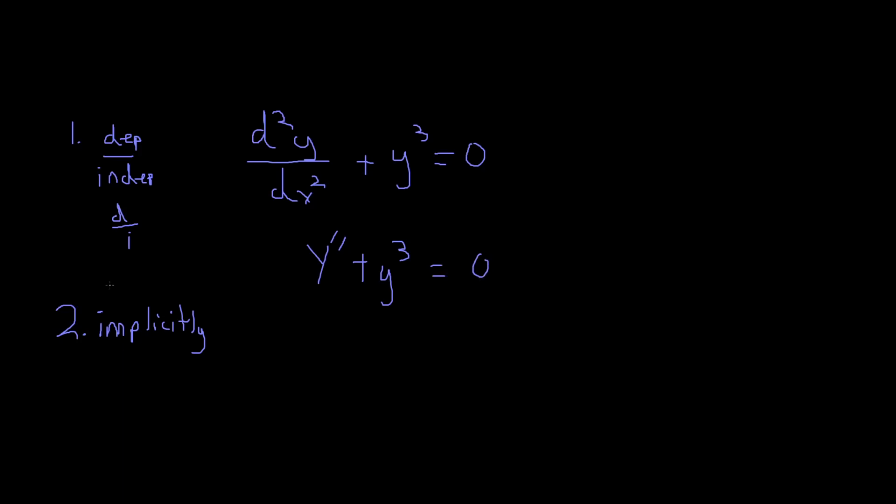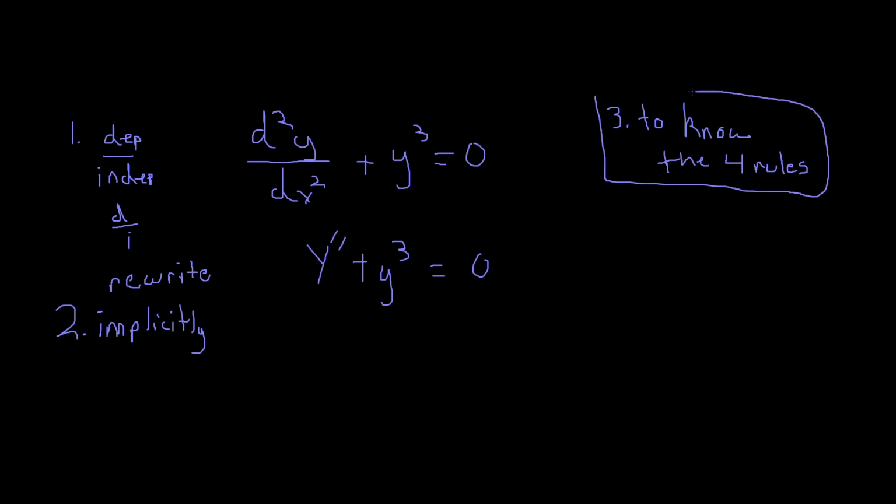And our third tip, when you're working with these problems, is to know your rules, to know the four rules. And if you don't remember the rules, I would write them down and then continue watching this video, because it would help a lot to memorize those four rules.